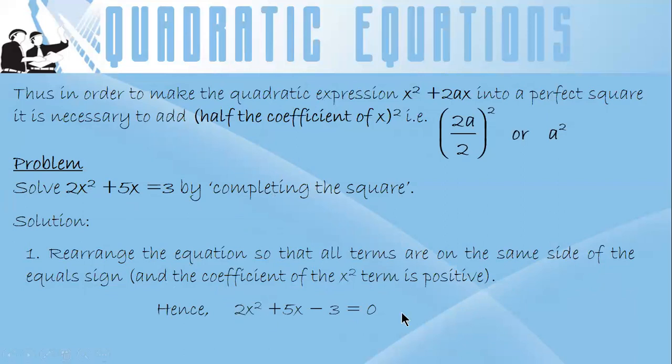On the same side, you equate it to 0. But make sure that the coefficient of the second degree term is positive. If it is negative, it is easy, you multiply by negative 1 so the signs change, so that the second degree term becomes positive. Is that simple?